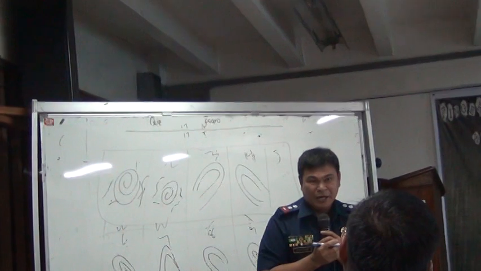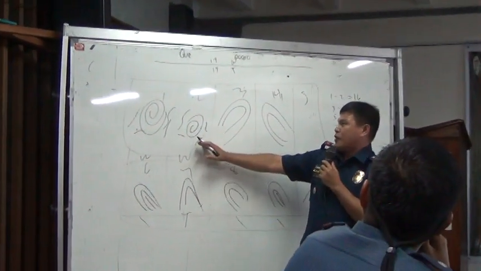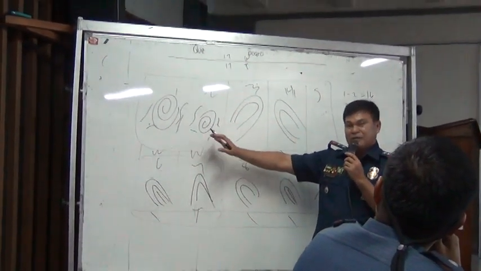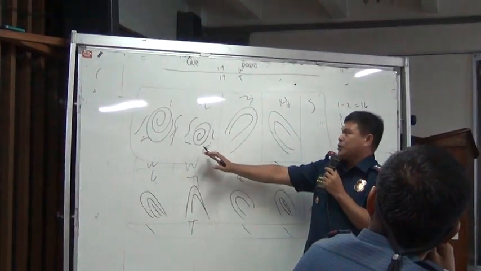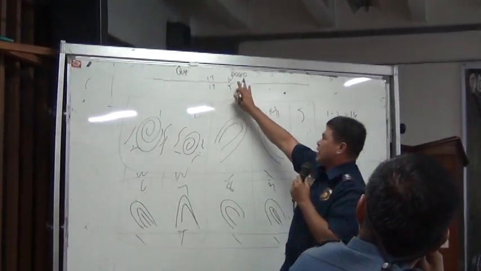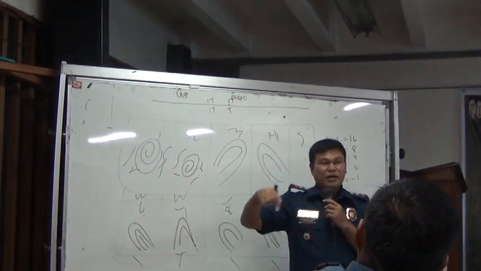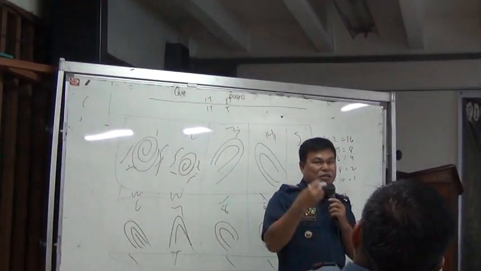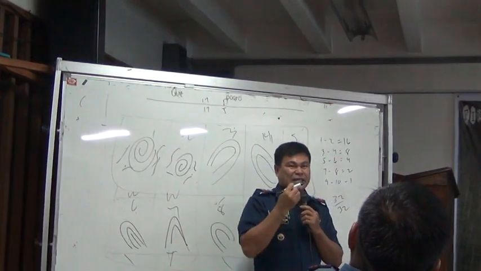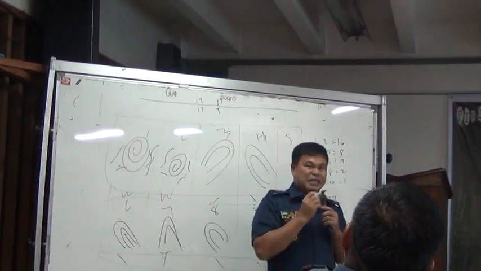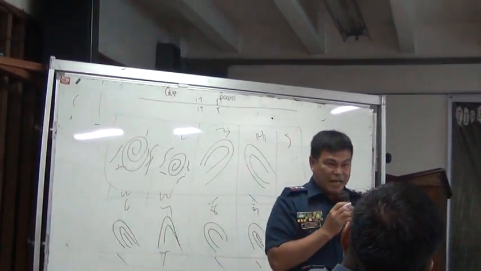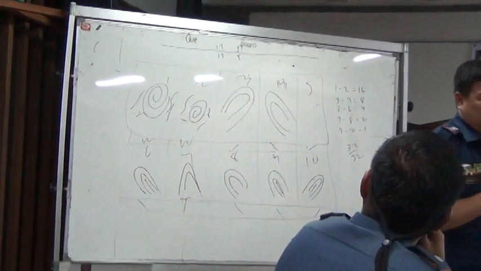If it belongs to a double loop whorl, you put the letter T. Okay? Do you get my point? That is to reflect the type of pattern of the index finger.